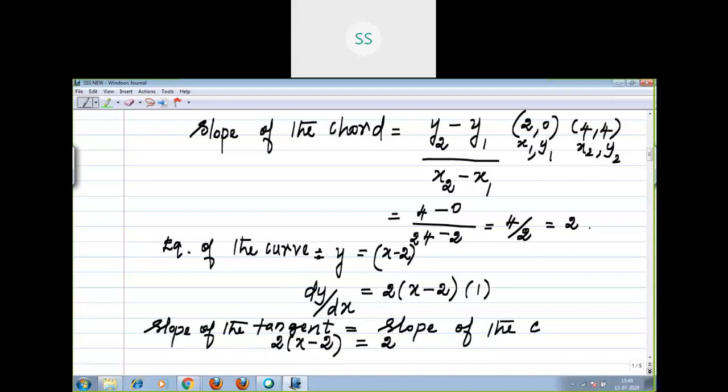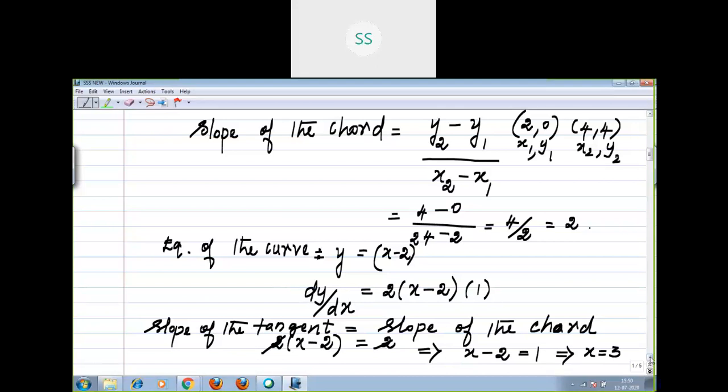Because in the question it is given that the tangent is parallel to the chord, the slopes are equal. So the 2s cancel, which implies x minus 2 equals 1. Then x is equal to 3.